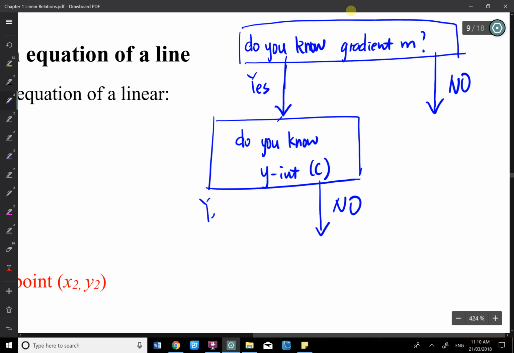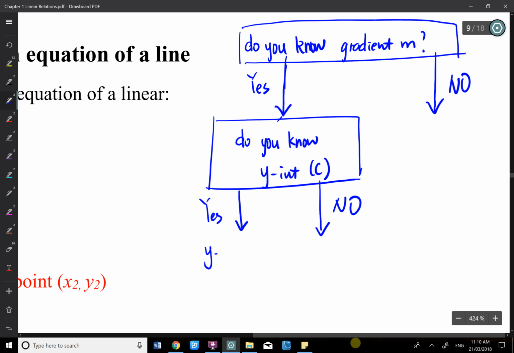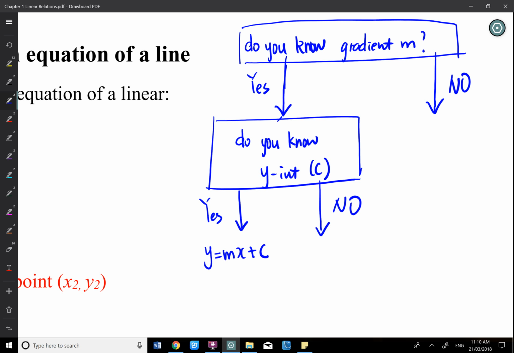Do we know the gradient? Do we know the y-intercept c? If both answers are yes, we know the gradient and we know the y-intercept, too easy, we just write mx plus c and directly get the equation. Like instant, we have y equals mx plus c.